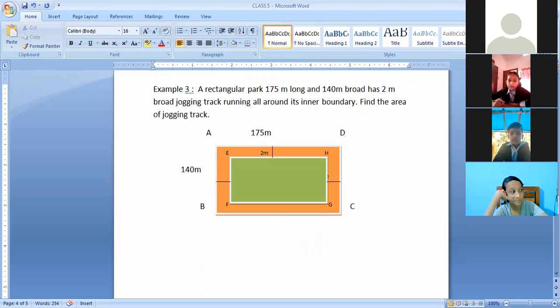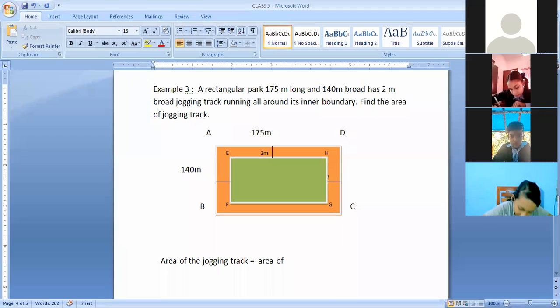What we need to find is the area of the path, right? The area of the jogging track. That will be equal to area of rectangle ABCD minus area of rectangle EFGH.